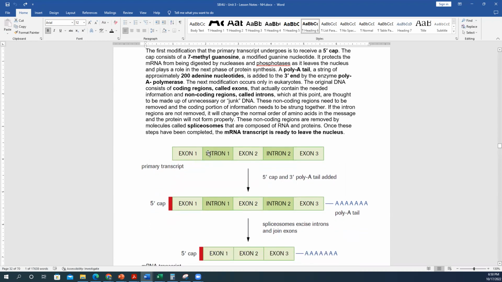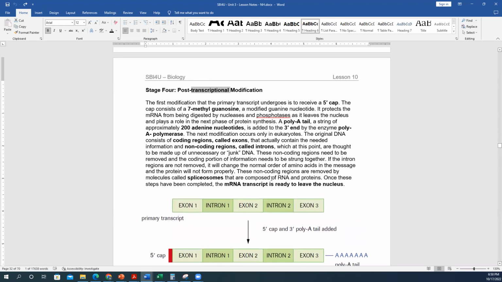So this primary transcript, the first thing that needs to happen to that mRNA is it needs to receive a 5' cap. And this 5' cap consists of a modified guanosine, so a 7-methyl guanosine is put at the 5' end.